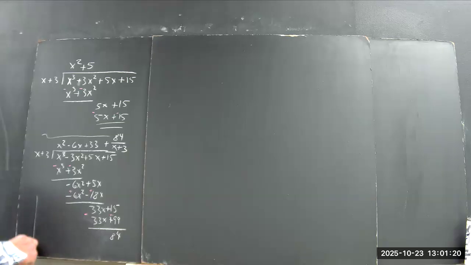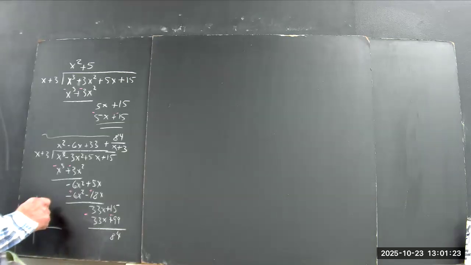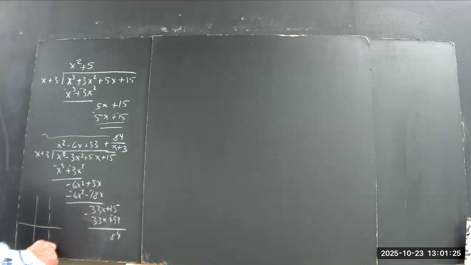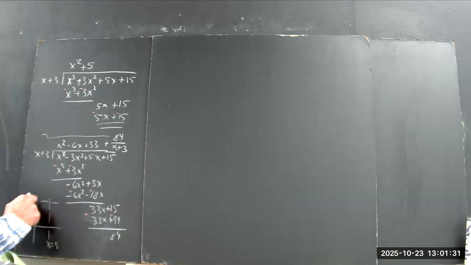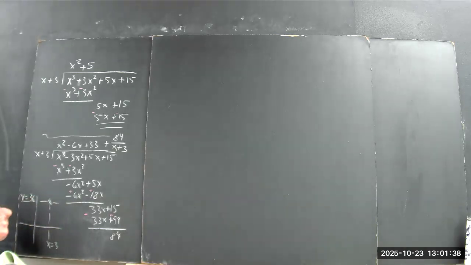This polynomial would have a graph with a vertex at x equals 3, y equals 36. We have a y-intercept of 33, which doesn't make sense.